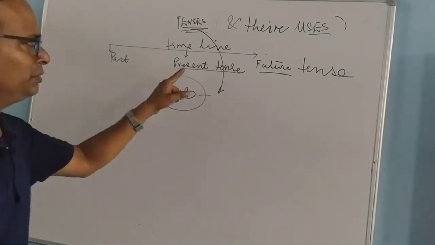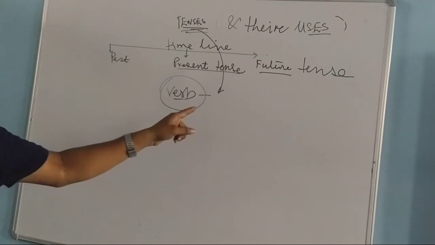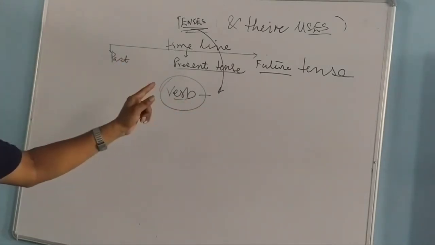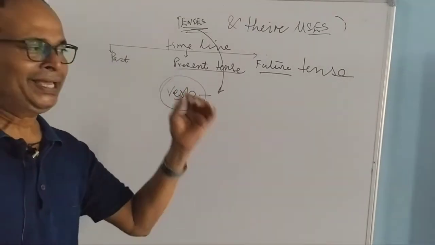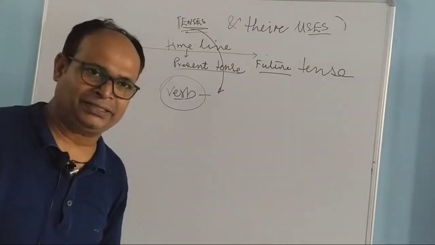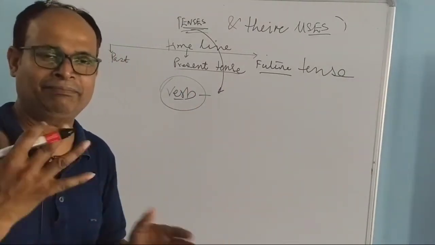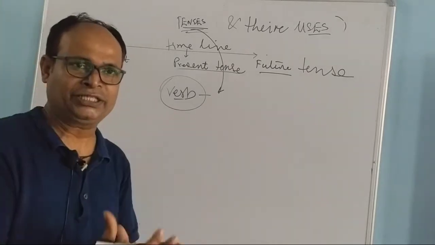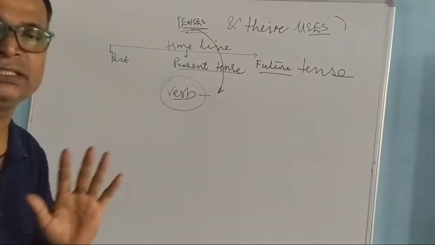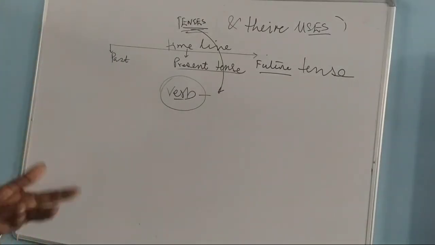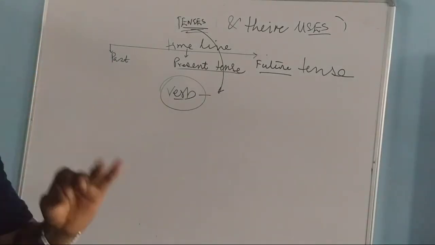My dear children, first we will be talking about the present simple tense. The present simple tense is a tense which is unaffected by the passing of time. Passing of time does not have any impact on it.